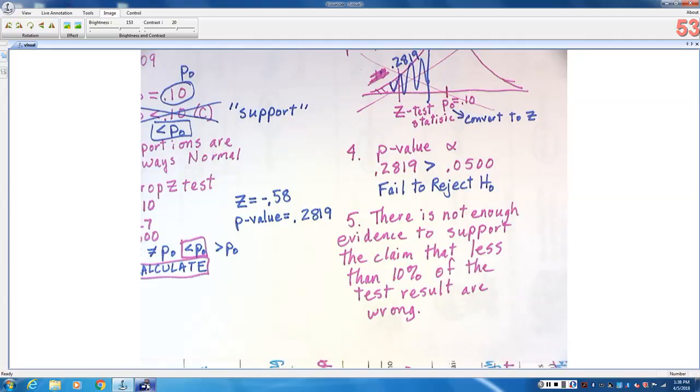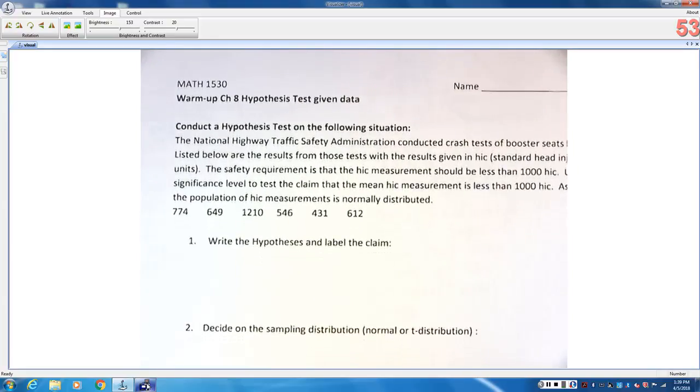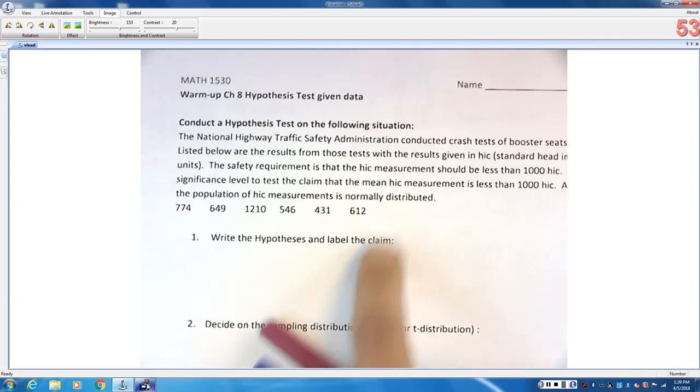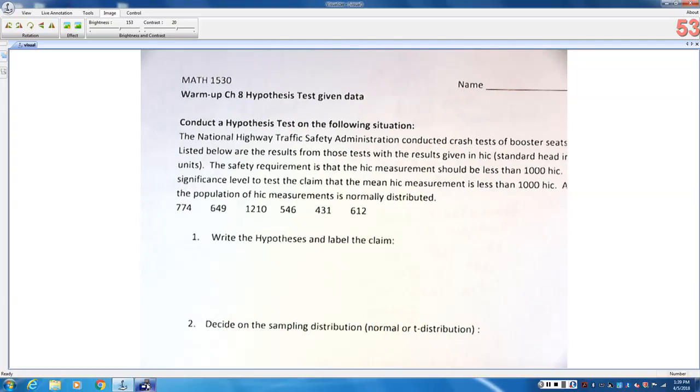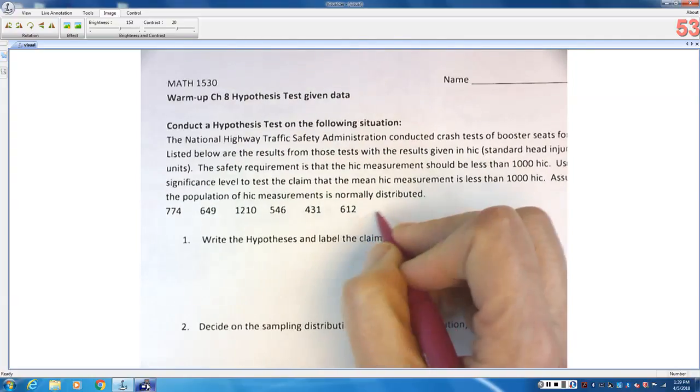So you're gonna put that list of data in list 1. Here it is. And the reason we can work the problem is because the population's normally distributed. So you're gonna put this in list 1.